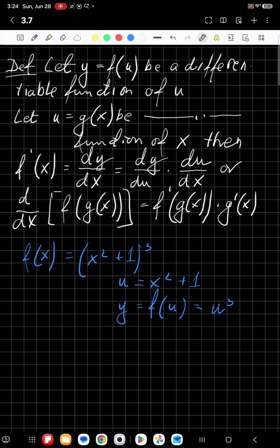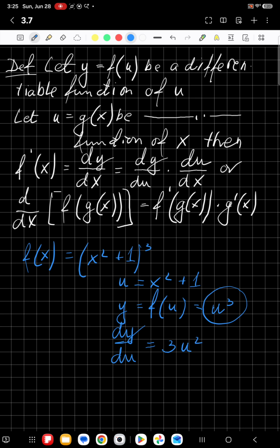Now if I'm taking the derivative with respect to u, that's going to be dy du. That first part, dy du: I'm taking that u to the third and taking the derivative of that, so it's going to be 3u squared.